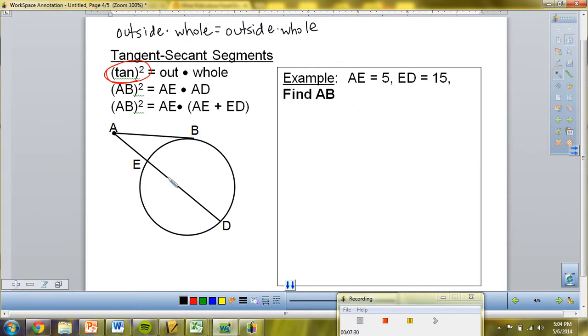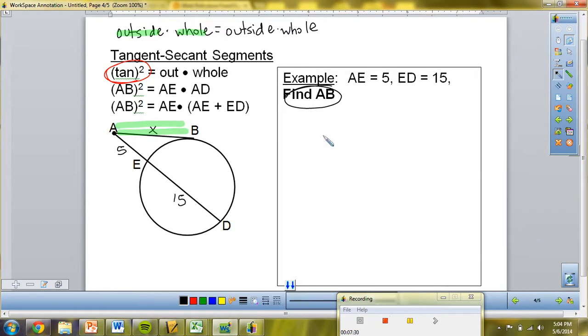So I fill in my information. AE is 5. ED is 15. And they want me to find the measure of AB, which is what I'm trying to find right here. So again, I'm going to set up my equation outside, which is AB times whole, which is AD.